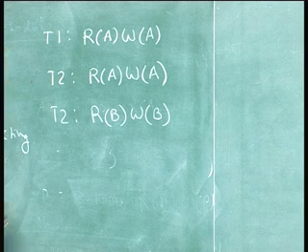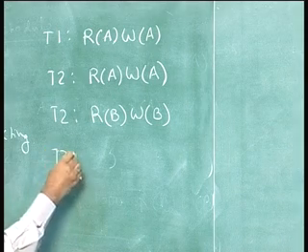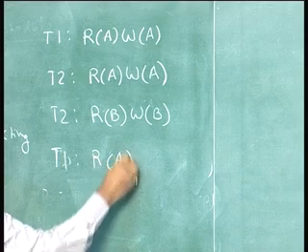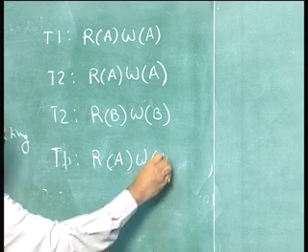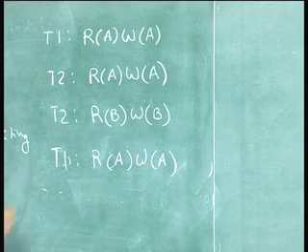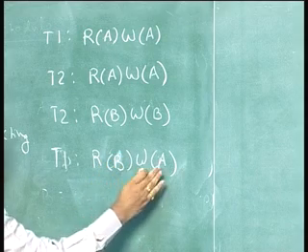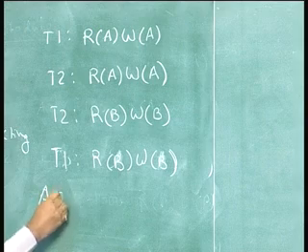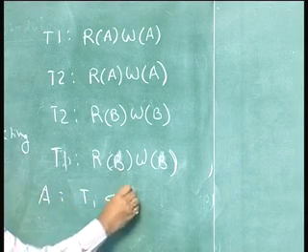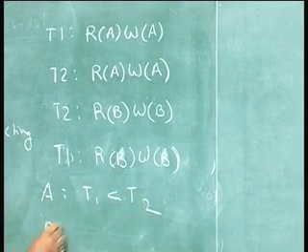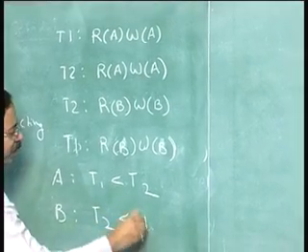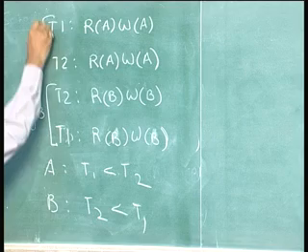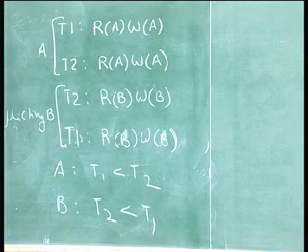If you look at data item B, it is coming in the reverse direction. As far as the conflicting data item A is concerned, T1 is before T2, but as far as B is concerned, it is T2 before T1.